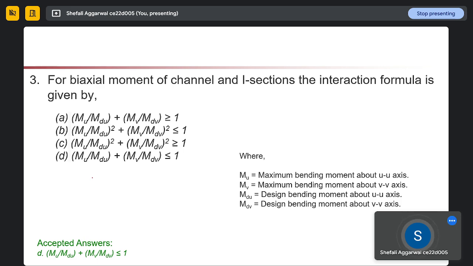We are using this since the first slide, so the correct answer is Mu upon Mdu plus Mv upon Mdv should be less than or equal to 1. Okay.